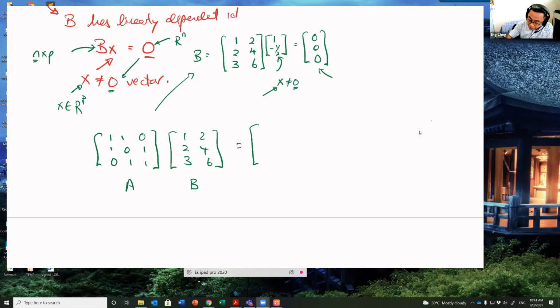Now, there are many ways to think about matrix multiplication. A very interesting way to think about matrix multiplication is this.